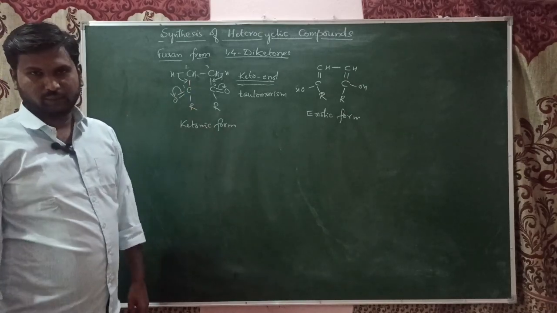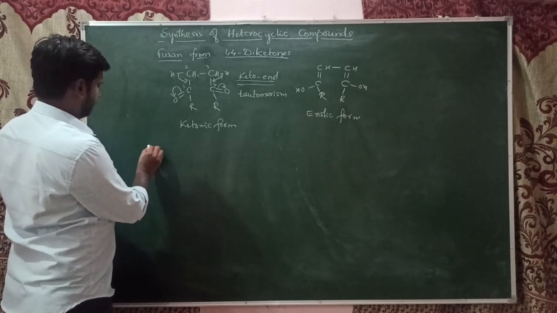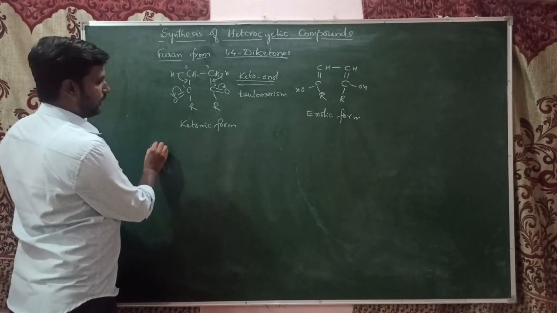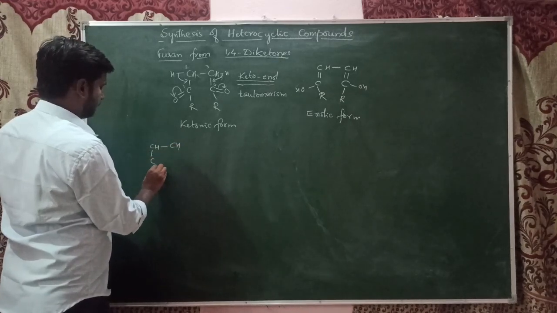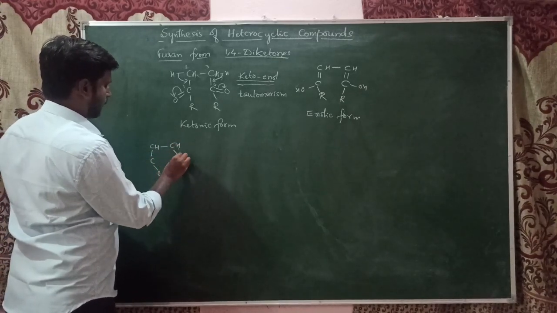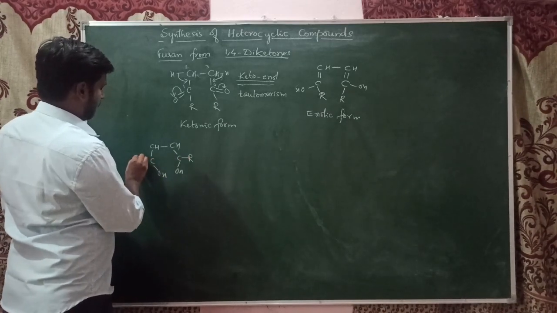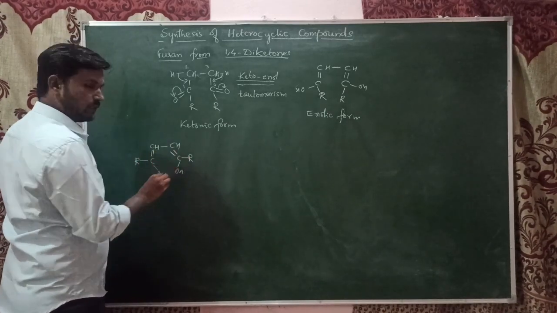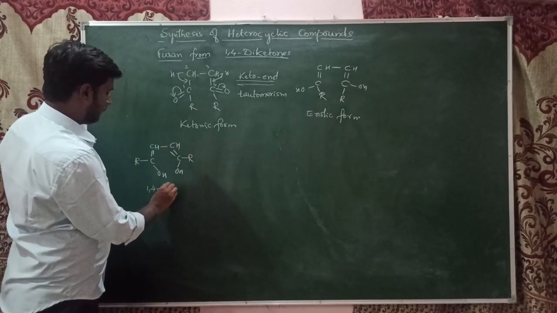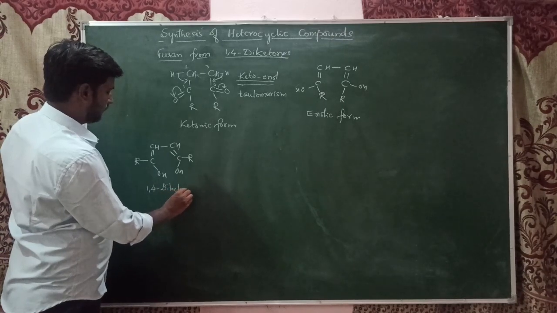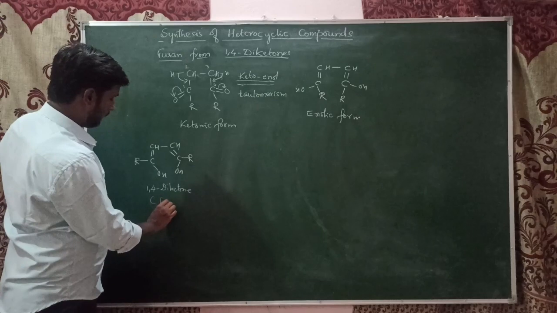So if you take that enolic form of 1,4-diketone, this is the 1,4-diketone, and this is in the enolic form.